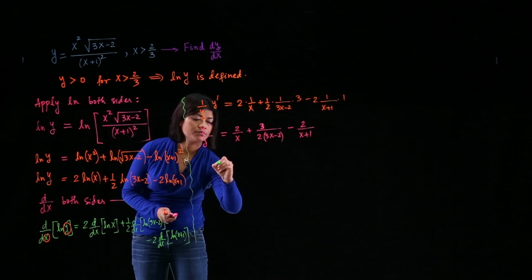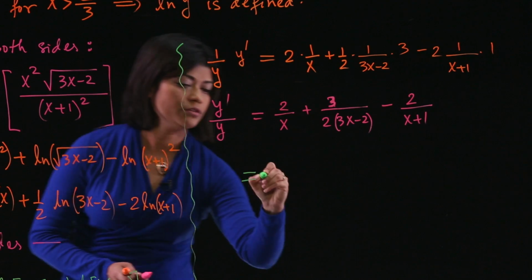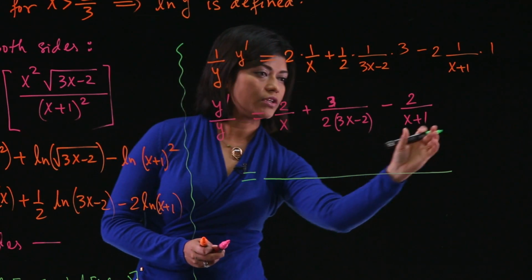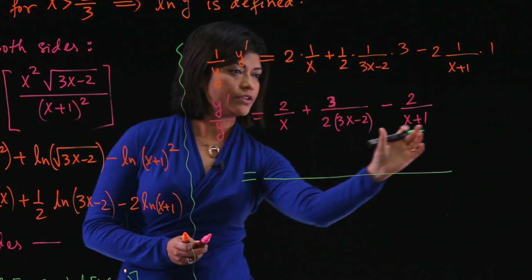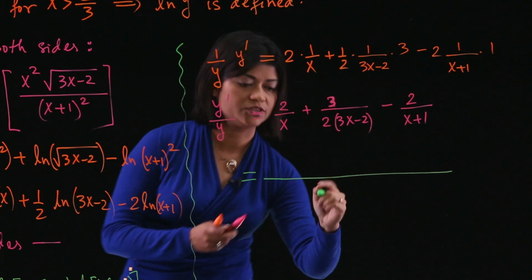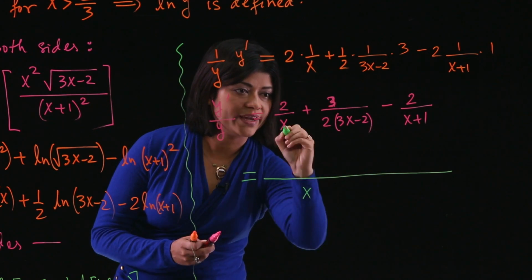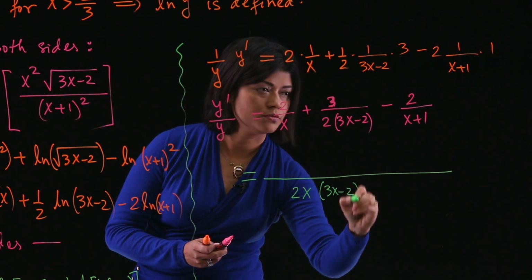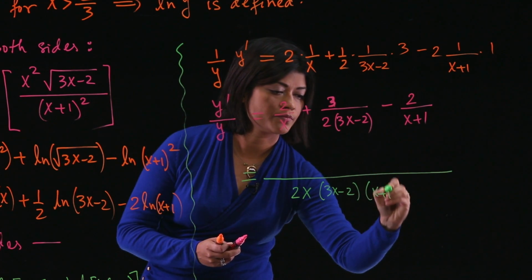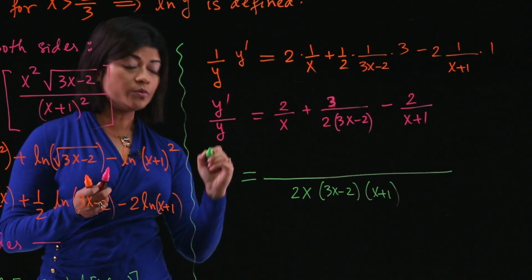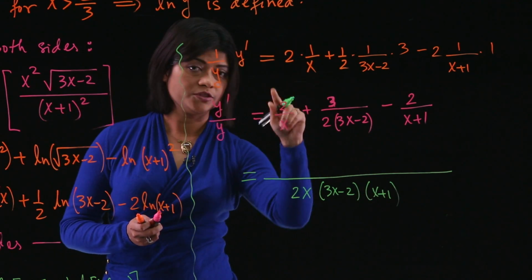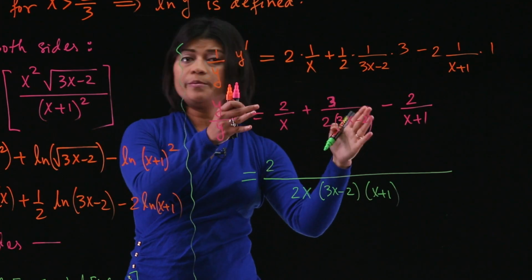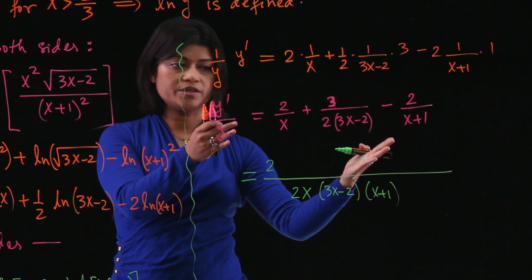Okay, so common denominator addition. You see that there are 3 different factors and you can just multiply them all. So we have x times 2, 3x minus 2 times x plus 1. In the numerator, for the first term, 2, you remember how to do the common denominator addition, right?